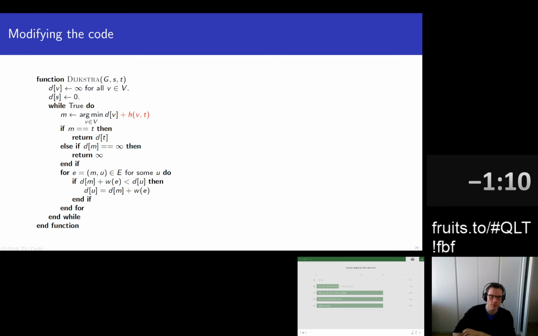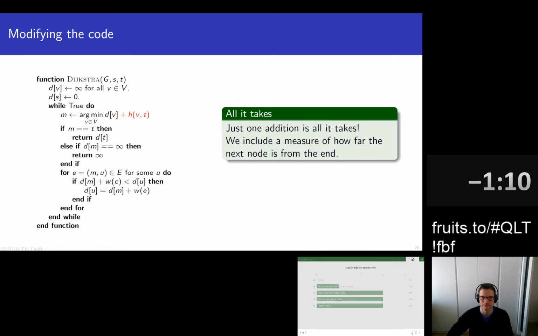Well, only one line really needs to be changed. I look for the node that's closest, including this idea of my estimate of going from that node to a certain target. Right? So I include a measure of how far the next node would be from my target.